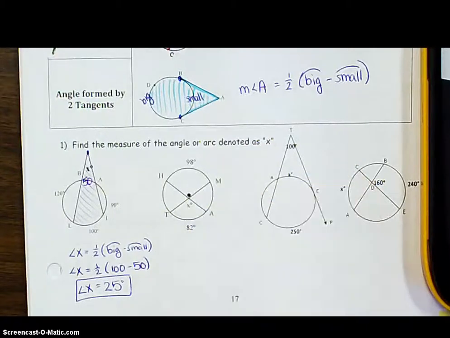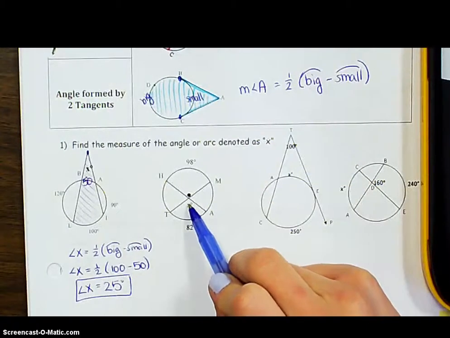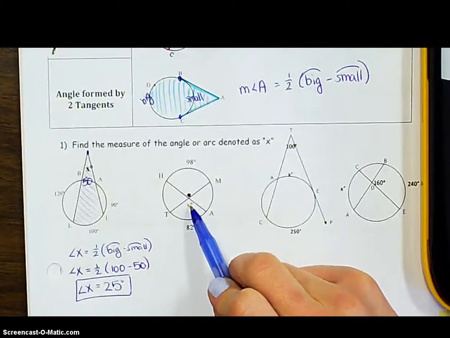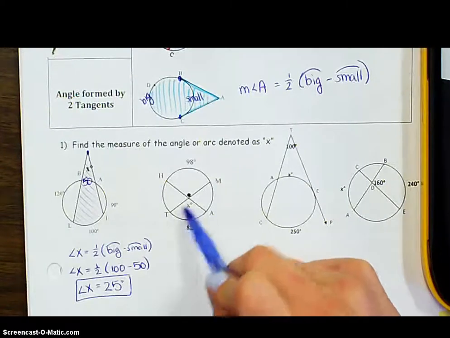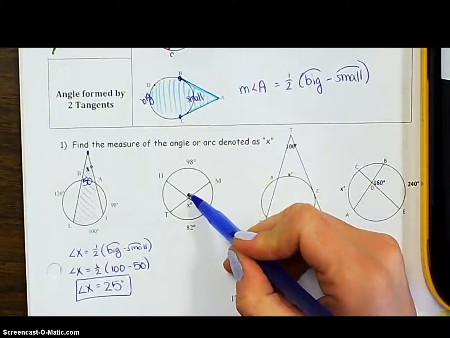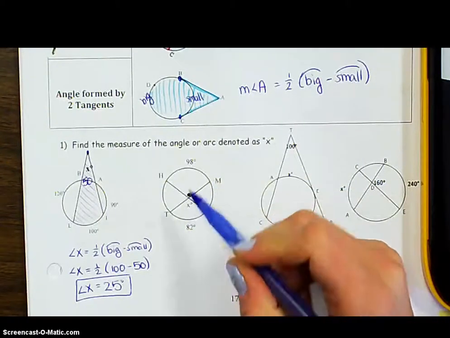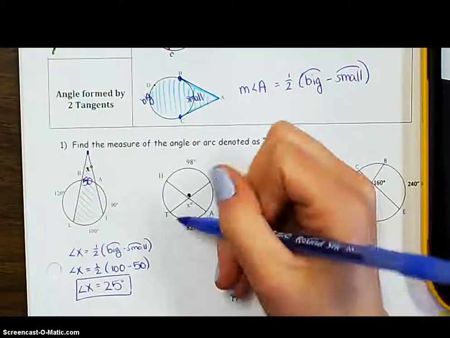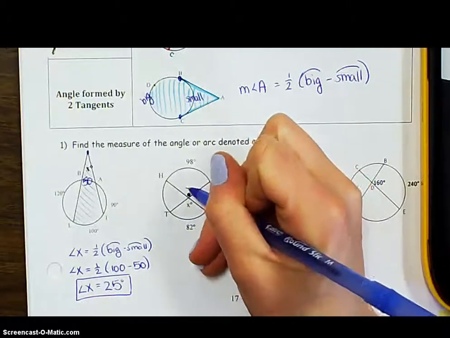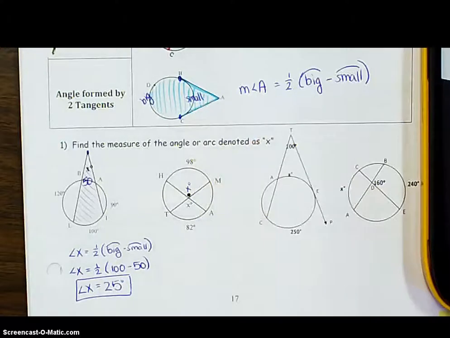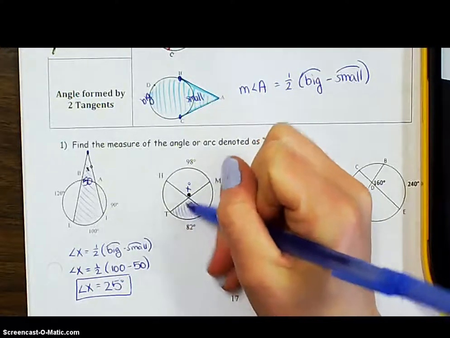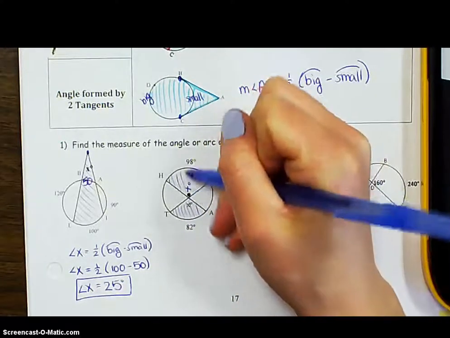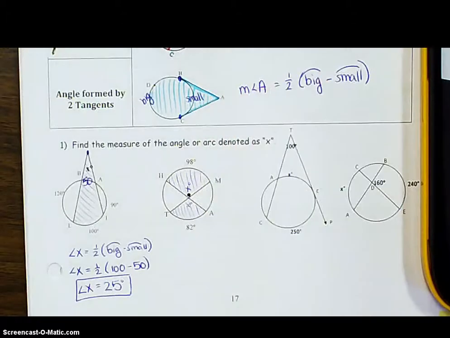So here's angle x, but wait a second. Is this angle inside or outside of the circle? This time it's inside of the circle, and that angle is not on the center. So this is what we would call an angle formed by two intersecting chords. That means if this is angle x, its vertical angle is also angle x.